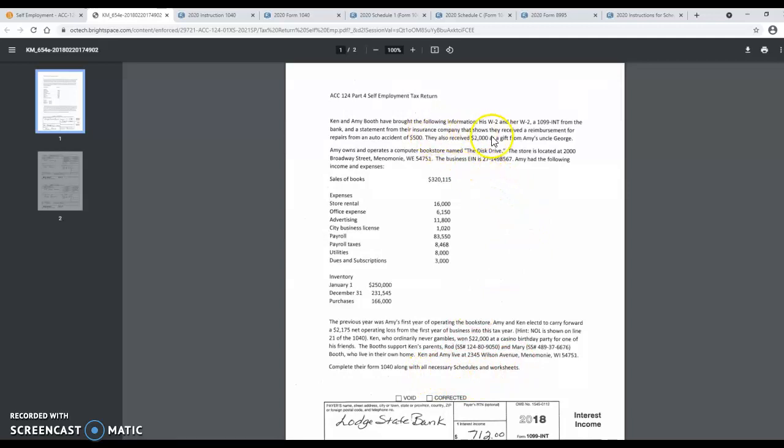The only things we got left here that we hadn't talked about is they had a reimbursement from an auto accident of $500, so insurance proceeds replacing something you lost are not taxable. A $2,000 gift from Amy's Uncle George, that also, a gift is not taxable. So we have nothing else here.